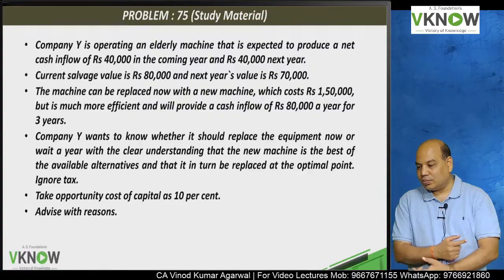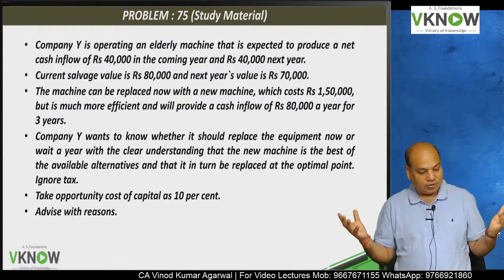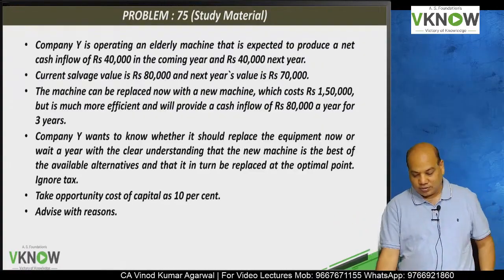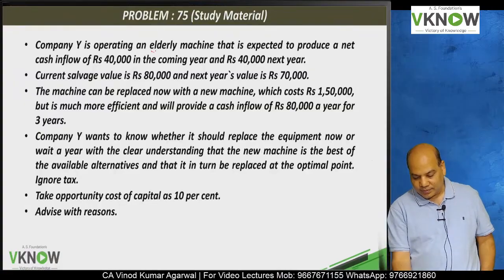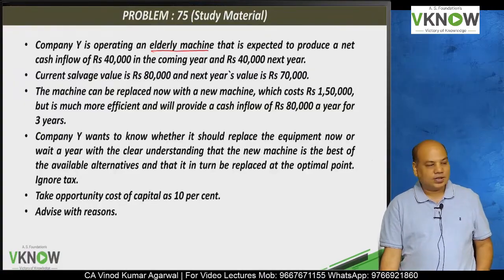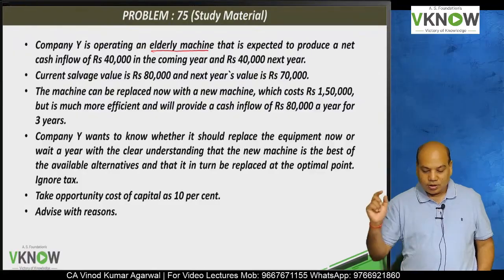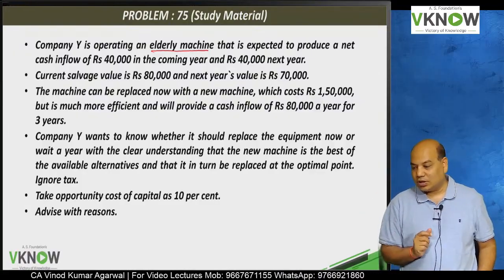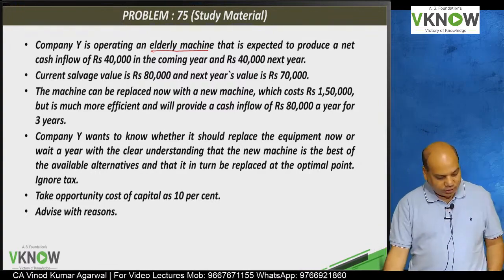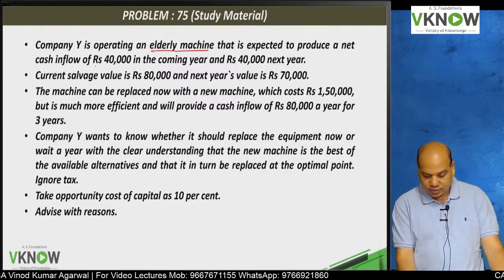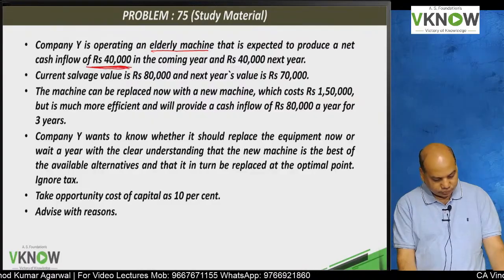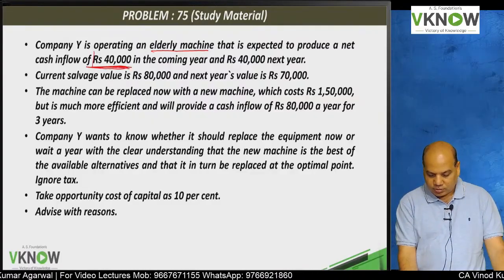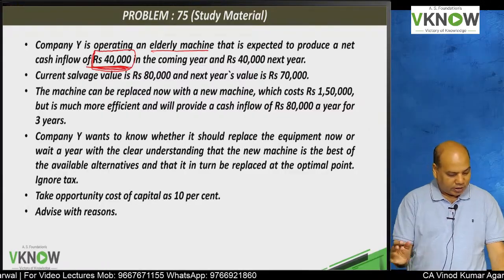Company Y is operating an elderly machine. Elderly machine means old machine that is expected to produce a net cash inflow of rupees 40,000 in the coming year. I think this 40,000 is not printed. Please write in the book if not printed; if printed, then ignore.